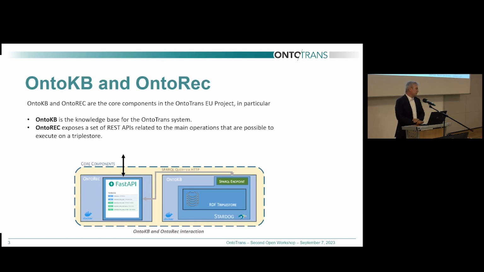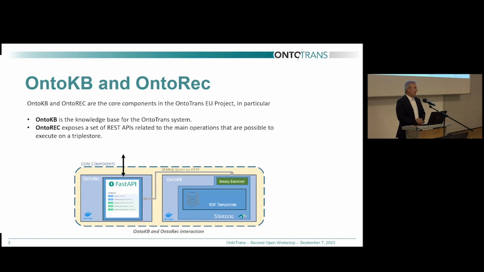Why? Because SPARQL, of course, requires many technicalities in order to build queries and stuff like that. And so it would make the interactions with the triple store a bit difficult.